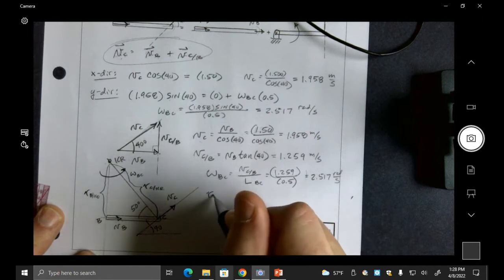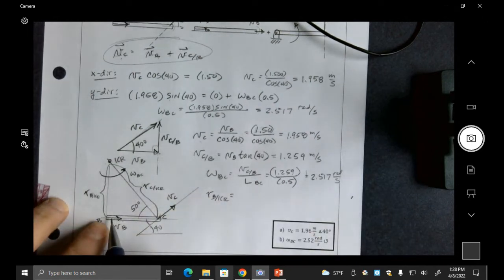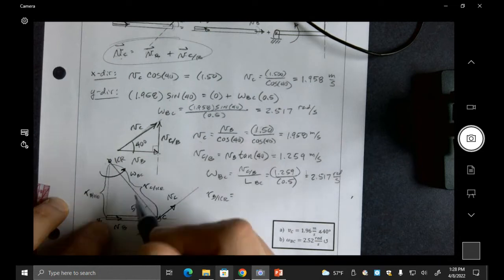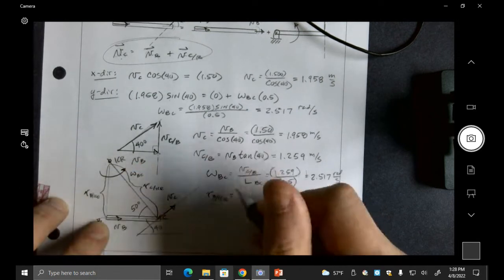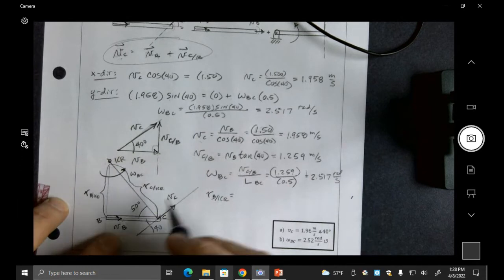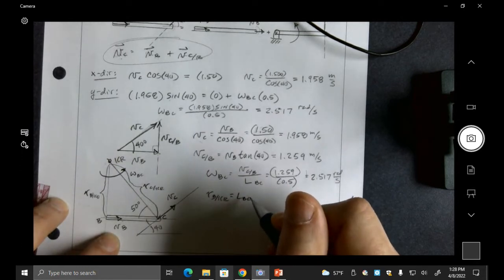So we get the RB with respect to ICR. The easiest way to do that: this is now the run, and this is the rise. So once again, we would multiply this length that we know right here, this LBC. Am I saying that the right way? I think so.